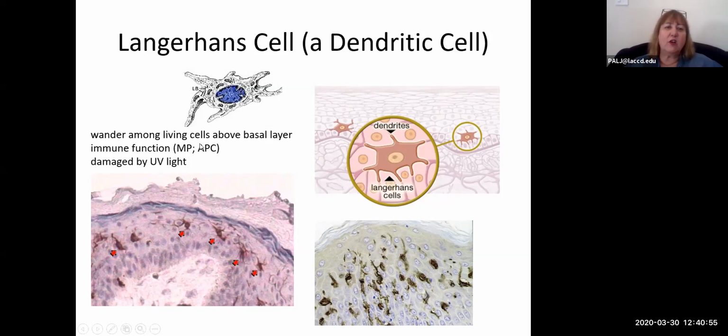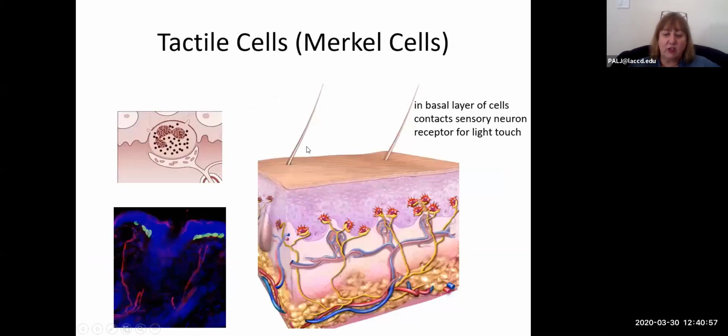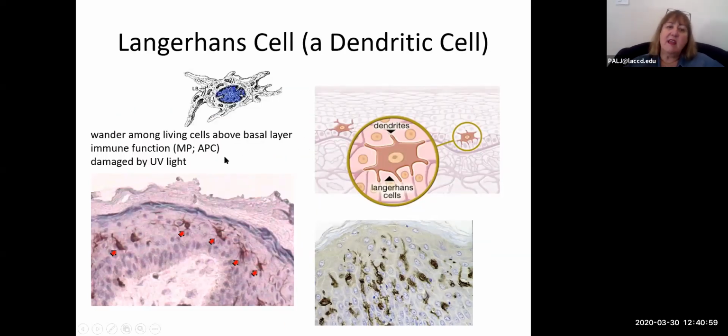The MP there stands for macrophage. Interestingly, if you're getting one of those healthy suntans, that ultraviolet light is actually damaging and killing these dendritic cells, which means they can't do their work, and you're much more likely to have foreign stuff get through your epidermis into your dermis to make you sick.